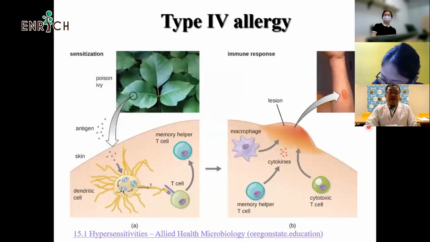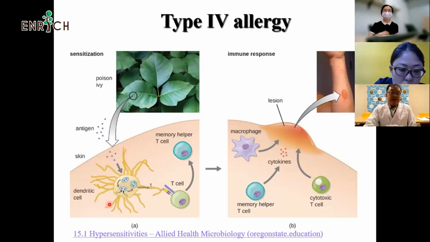Type 4 allergy can be seen in contact dermatitis in our body. Contact dermatitis occurs when some poison, plant poison, or chemical substances react with our skin protein. After that, skin dendritic cells recognize the skin as an enemy.